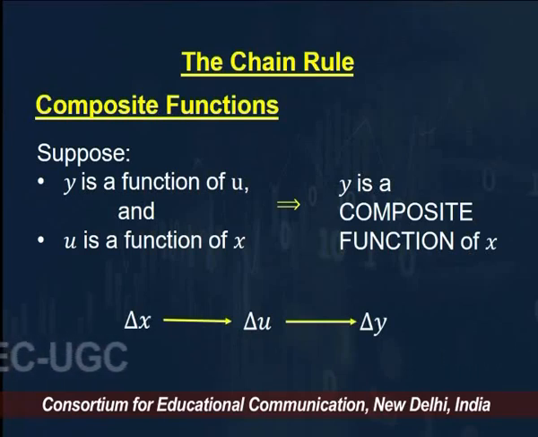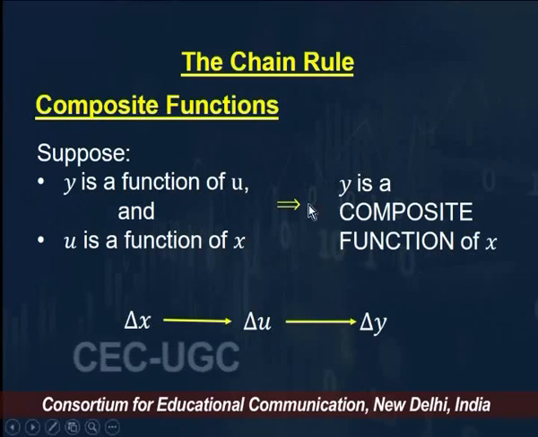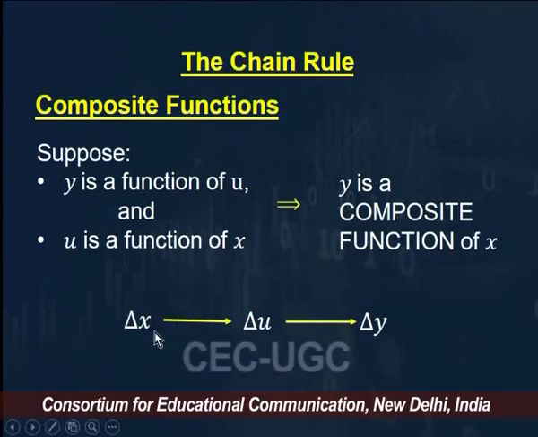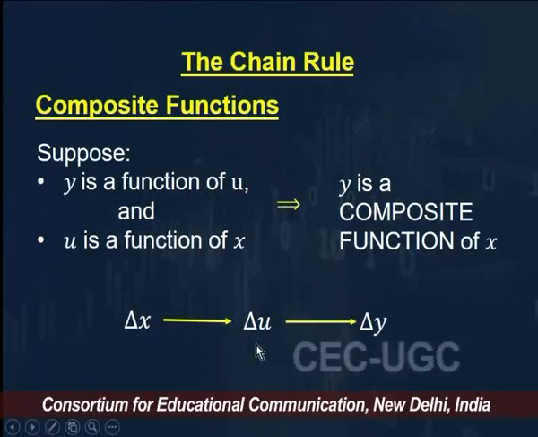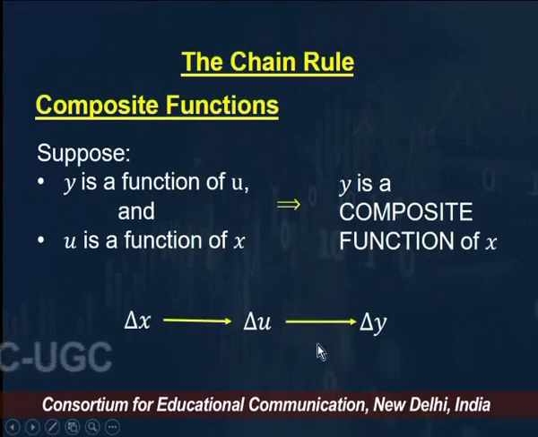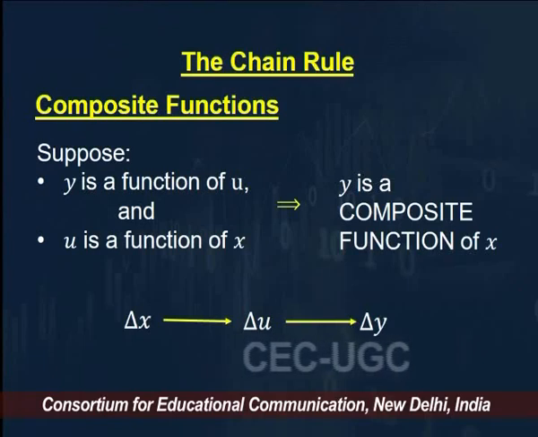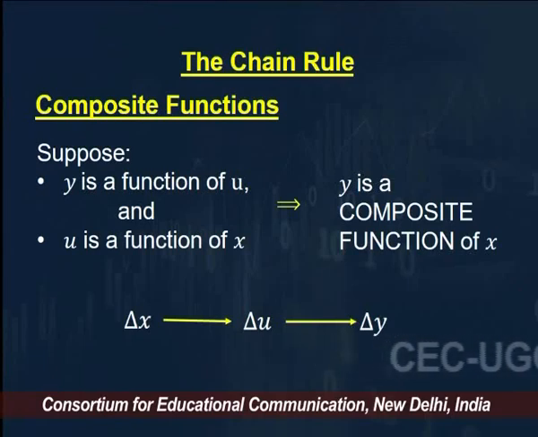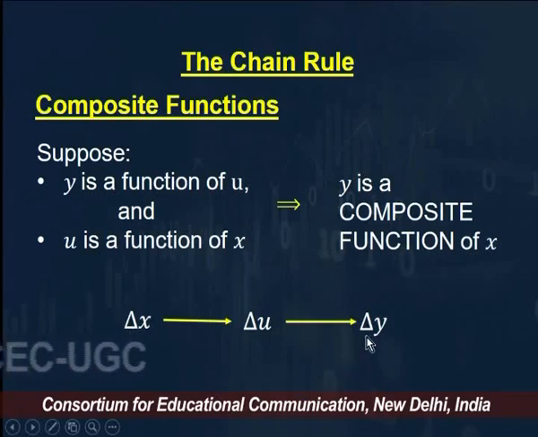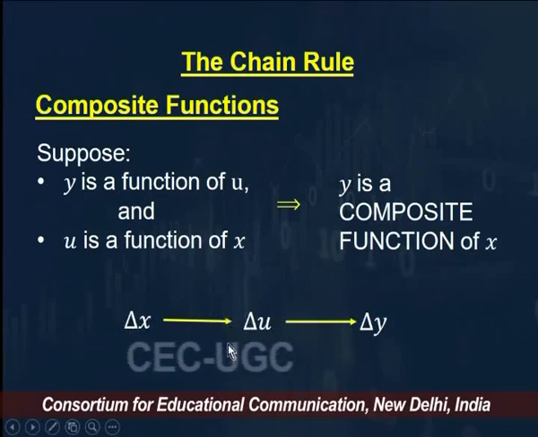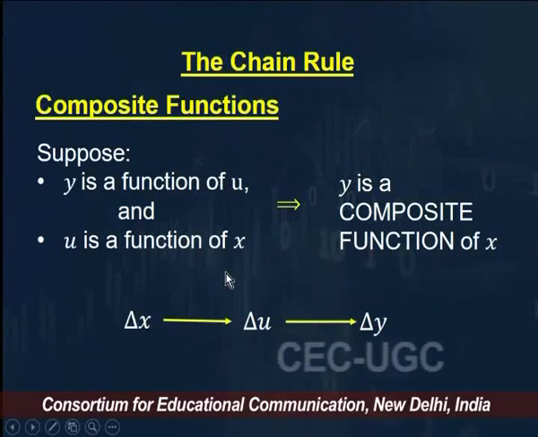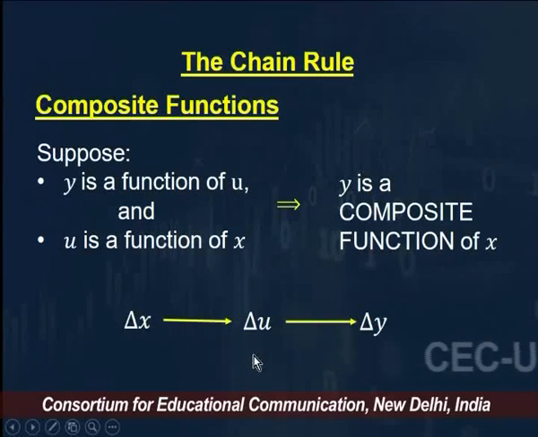What happens is that every time there is a change in x, because u is a function of x, that will trigger off a change in u. And because y is a function of u, that change in u will in turn trigger off a change in y. So what are we seeing here? Every time there is a change in x, that will lead to a change in y, which is routed through a change in u. And this then sets off a chain reaction.